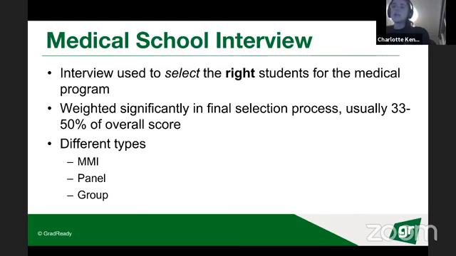So the interview is a big differentiating tool that the unis use, and it's your chance to really make yourself stand out from the crowd. It's weighted significantly in the final selection process. At some unis, this is 30%, where it's a third GPA, a third GAMSAT, and a third interview. But for most unis, it's 50% of your overall score. So it's really important to make sure that you're well prepared for it.